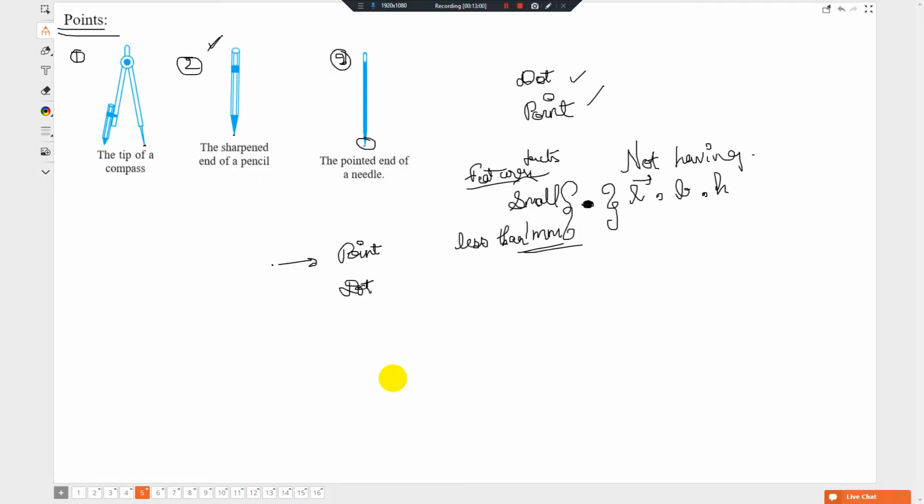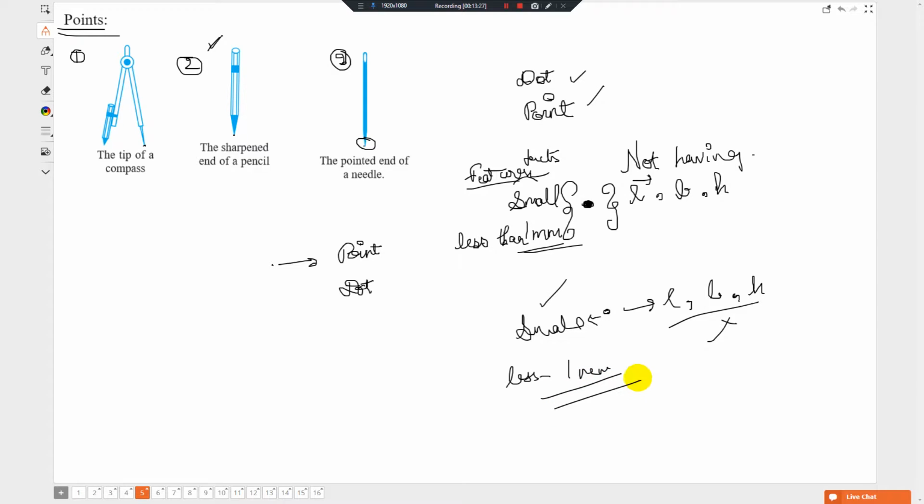So you have understood it. A point, this is a point, doesn't have length. It is very small and it is less than 1 millimeter, right?